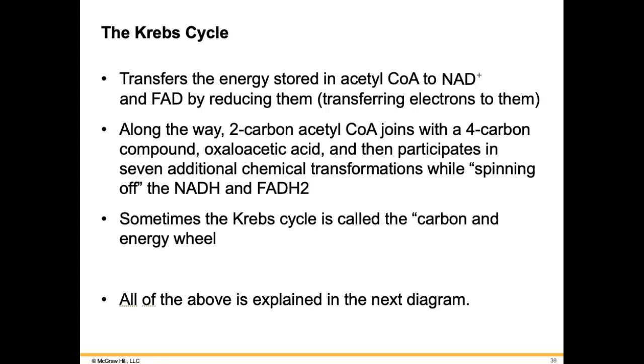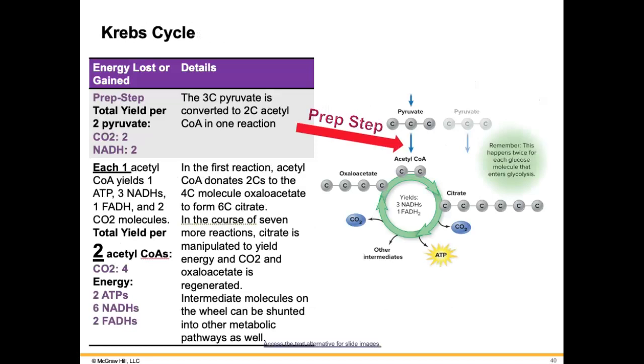All of the above is explained in this diagram here, and I added a little bit to it and made some things stand out. Up here is glycolysis, and here is pyruvate. We have a pyruvate and a pyruvate, because we have 2 pyruvates, or 2 pyruvic acids, that come from that single molecule of glucose.